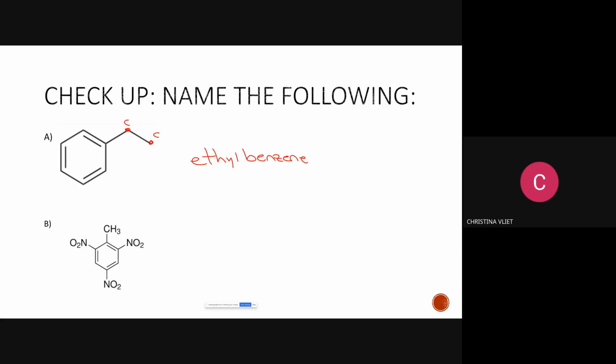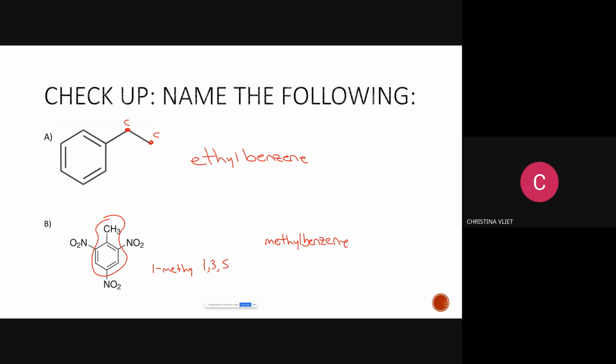All right. So what would this one be? It's methylbenzene. That's its main name. So you can say 1-methylbenzene. So then it could be 1,3,5.